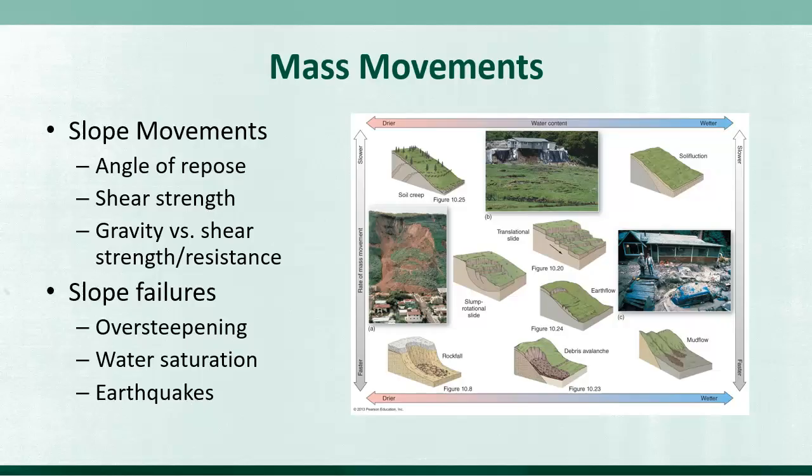And when that happens, we get slopes failing. Slopes can fail because we're steepening them through erosion or saturating them when we have huge rainstorms. Earthquakes can also cause slope failures.